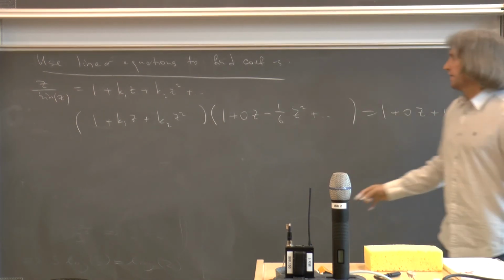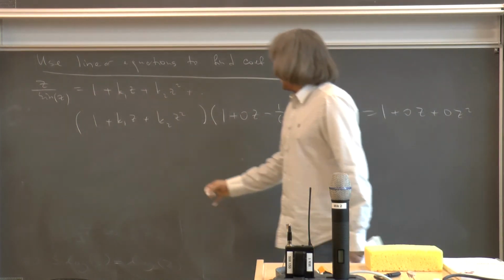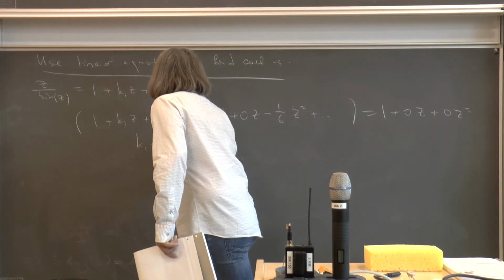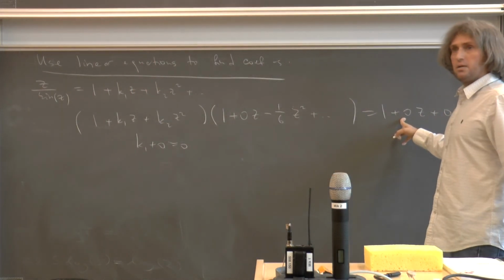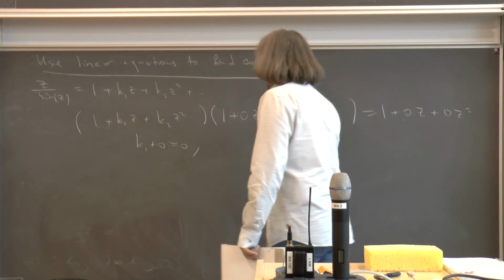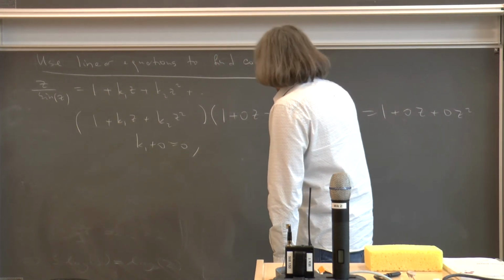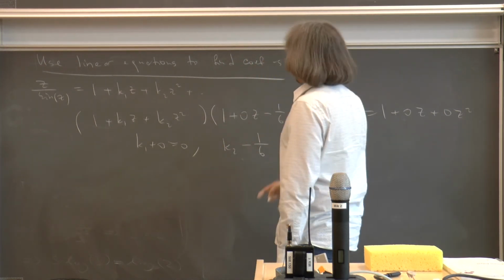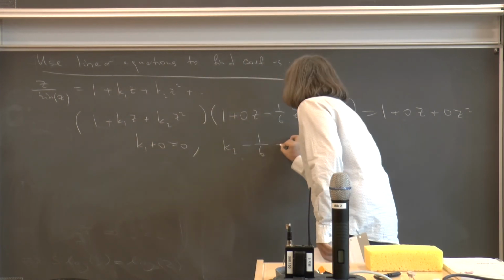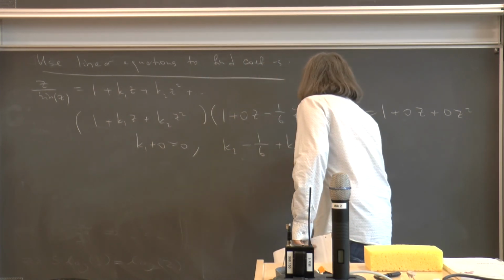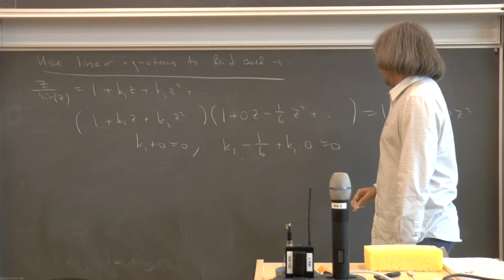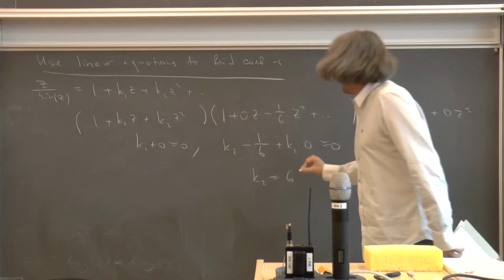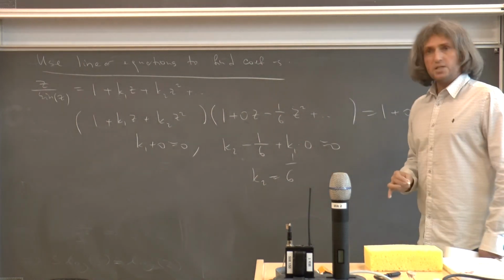If you compare, you'll get that k1 plus 0 equals 0. This is the coefficient by z. Then k2 minus 1/6 plus k1 times 0 equals 0. So then k2 equals 1 over 6. And that's what we wanted.